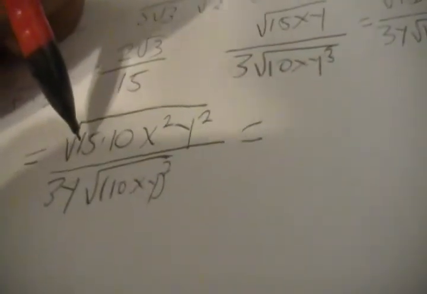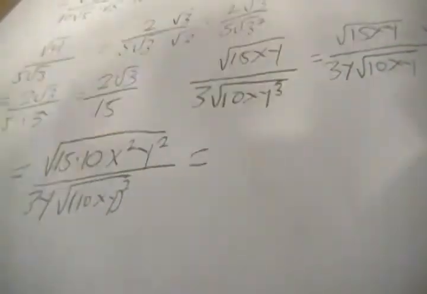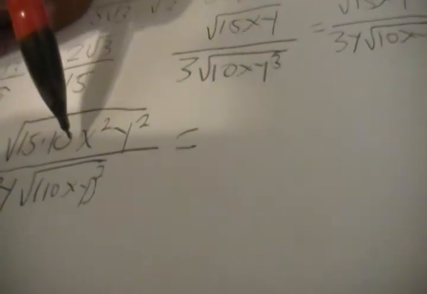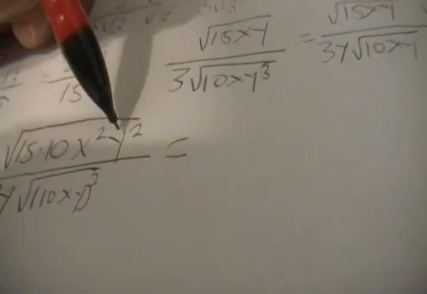So let's do the numerator. Let's work on the variables first. We get x squared and y squared, they both take the radical, you get x and y.